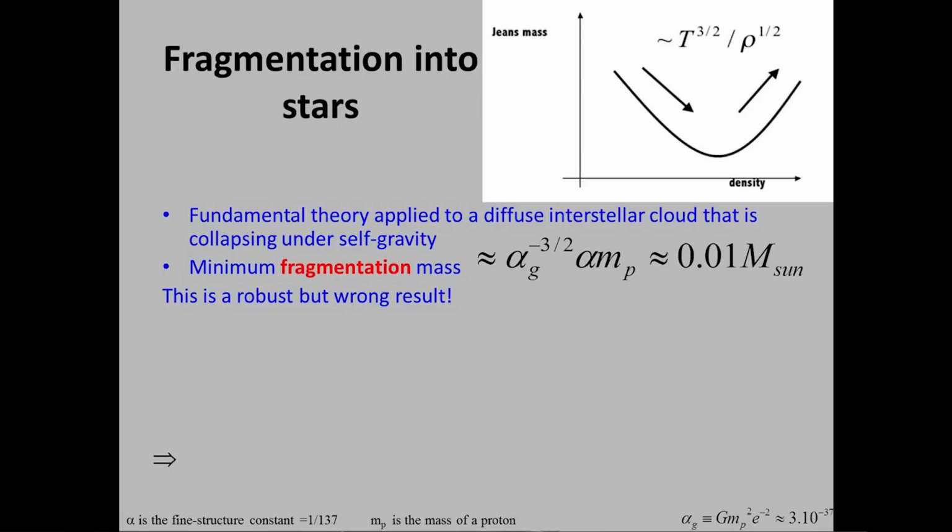And because it's getting denser, gravity is dominating more and more, so this Jeans scale should be getting smaller. So it should fragment. But there comes a time at which this cloud is so opaque that radiation cannot escape anymore, so you stop the fragmentation. You have to be able to let energy escape to be able to get denser and denser. The energy's got to go somewhere, and if it can't get out, tough, that's the end.